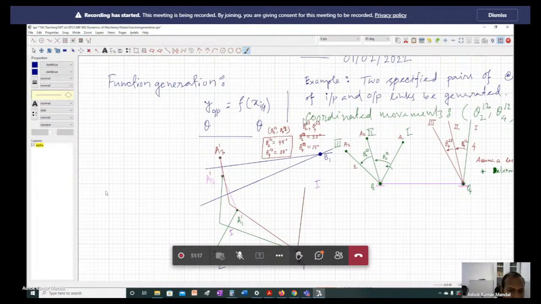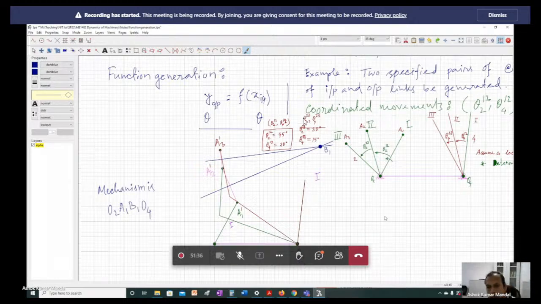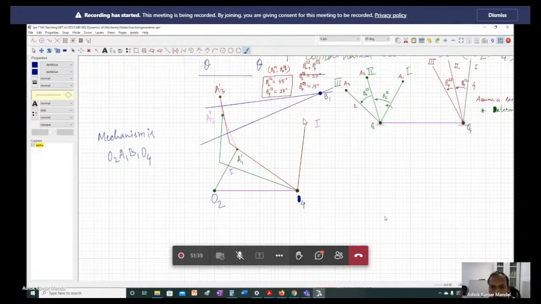So the mechanism is O2, A1, or you can say 1 dash, B1, O4. This is the mechanism. Okay, so let us just copy.